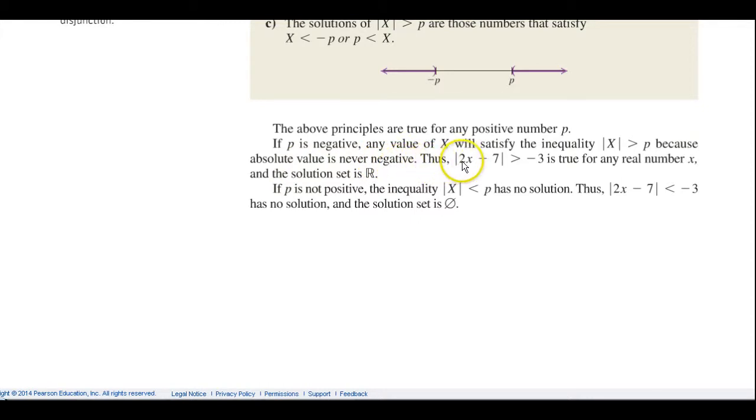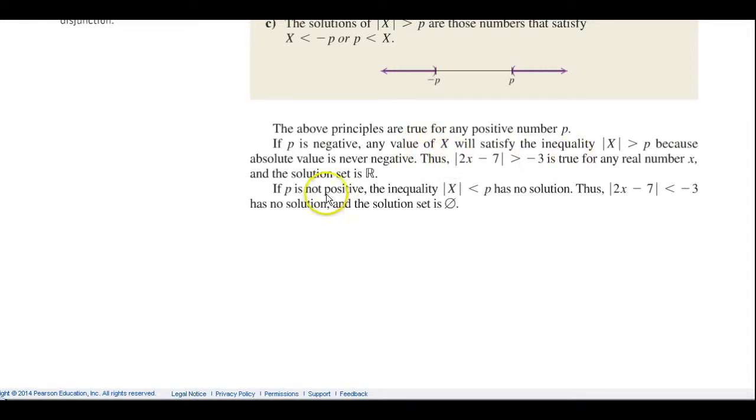Thus, when you see something like this, that the absolute value of something is greater than negative 3, it is true for any real number, and the solution set is all real numbers. Now this is a little tricky, where they're saying the absolute value is greater than negative 3, and again they're saying that because the absolute value of something is never negative.